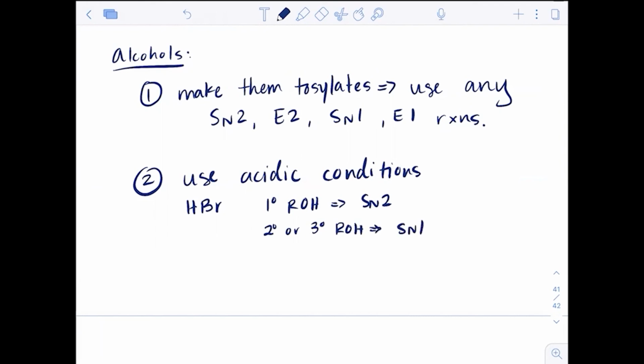No way around that. Carbocation rearrangements will occur if possible. With H2SO4, a primary alcohol will undergo an E2 reaction. With H2SO4 and a secondary or a tertiary alcohol, we will undergo an E1. Again, carbocation rearrangements, all products available.